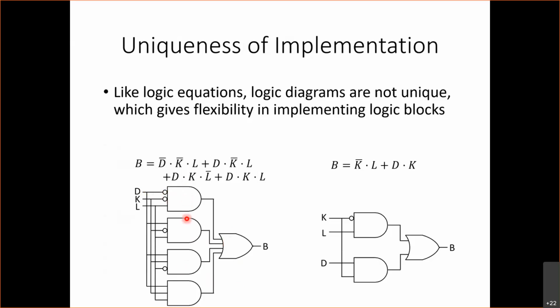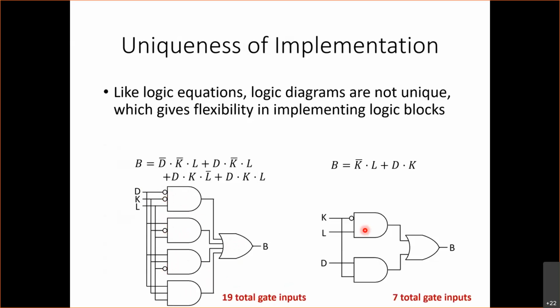These are 12, and then 12 plus 4, that's 16. And then I have 3 inverters. I have an inverter for D, that's 17. An inverter for K, that's 18. This is another inverter for K, but we actually use just one inverter, so we don't have to double count this one over here. And then we have an inverter for L, so that's 19. Okay, so that's 19 total gate inputs.